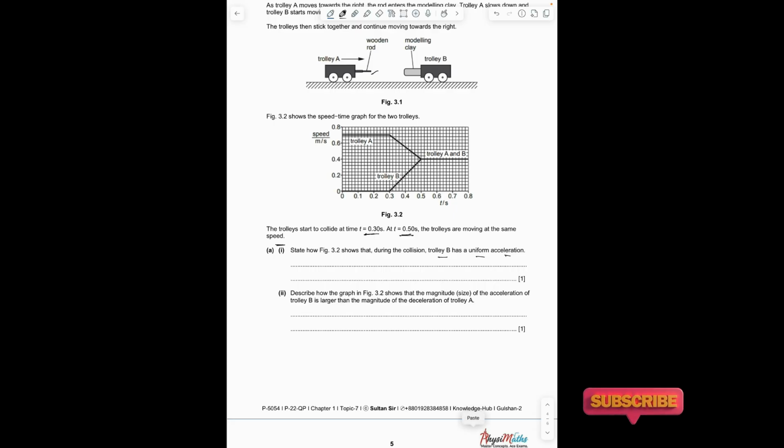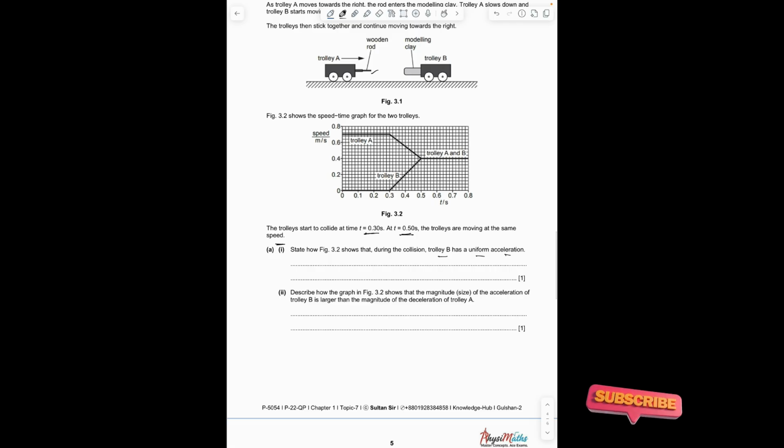This is trolley B. The speed-time graph is an inclined straight line, so definitely the slope is constant, and from the speed-time graph we can get the acceleration. So the graph is a straight line.